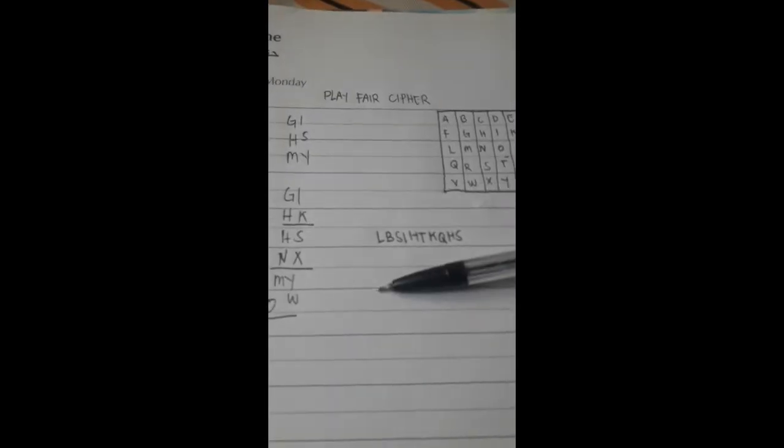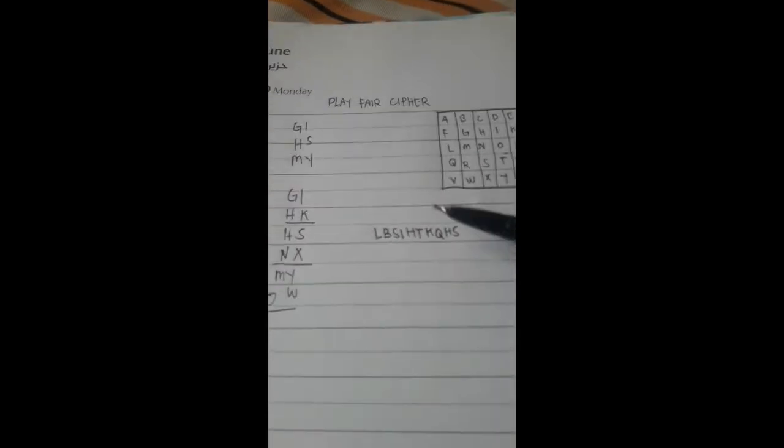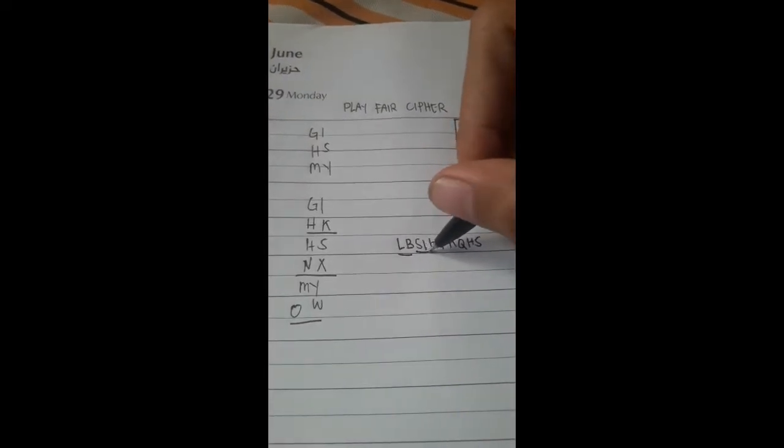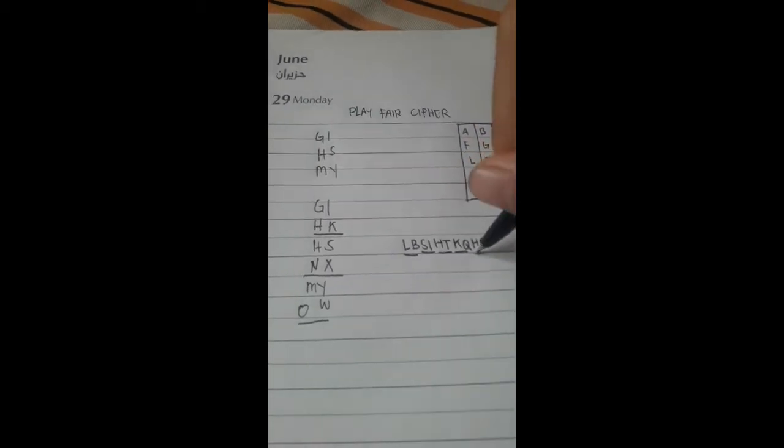Take note that in decrypting a Playfair cipher, our values should be in pairs, two letters for each decryption. So for example, we have this code. The first pair we decrypt is this, then the second, the third, the fourth and the fifth. So first is LB.